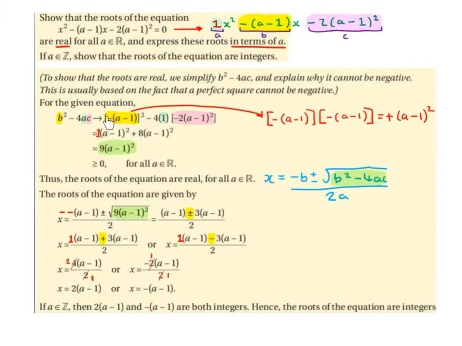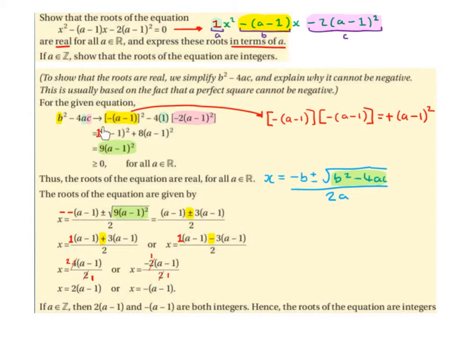Working out minus (a minus 1) squared, it's minus (a minus 1) multiplied by minus (a minus 1). A minus by minus is a plus, and (a minus 1) times (a minus 1) is (a minus 1) squared.